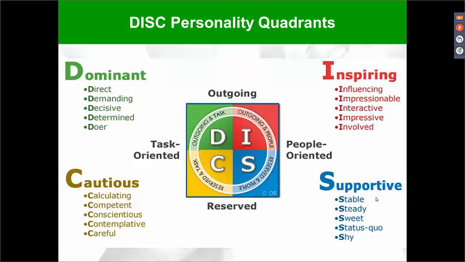Our inspiring person is an influence, is influencing. They're impressionable. They're interactive. They're impressive. They're involved. We're going to go a little bit deeper on these. Now, I want you to understand, even inside of dominant, you can have varying degrees of that dominance. Like I mentioned, people have other aspects of these personality traits involved.